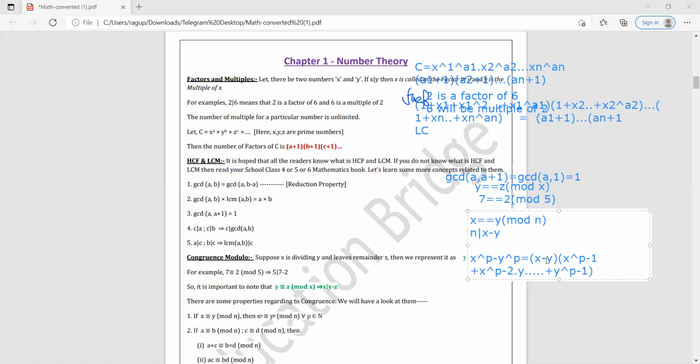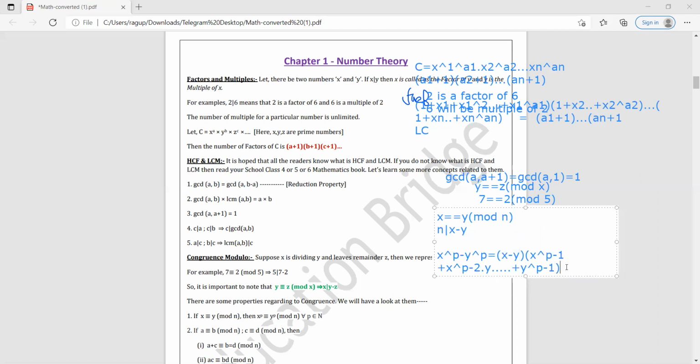Thus this means that x minus y is a factor of x raised to p minus y raised to p, and thus x minus y divides x raised to p minus y raised to p.